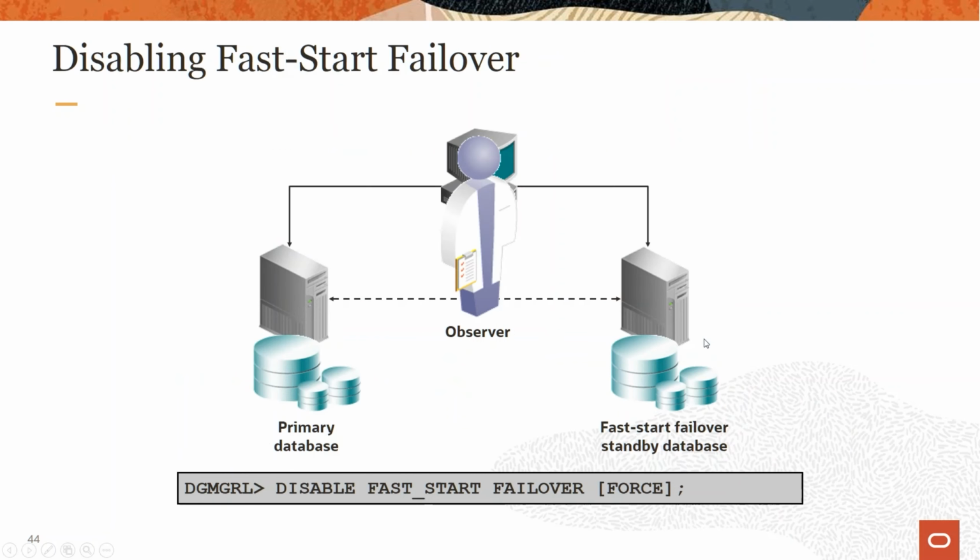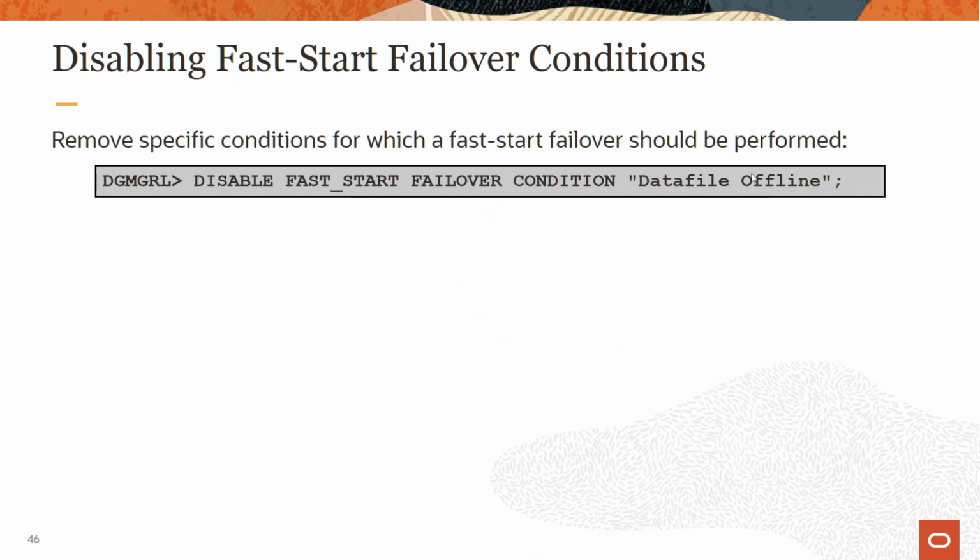If fast start failover is not usable in your environment, then you can actually disable fast start failover, and you can even add a force option if there is a connectivity problem, or you can get rid of the other condition, the health condition based fast start failover option.